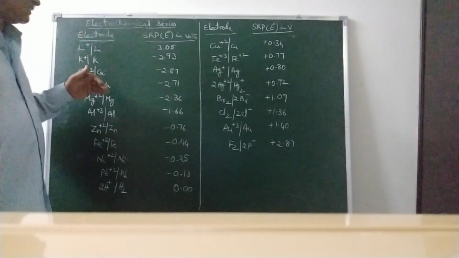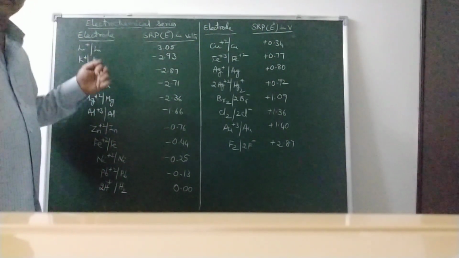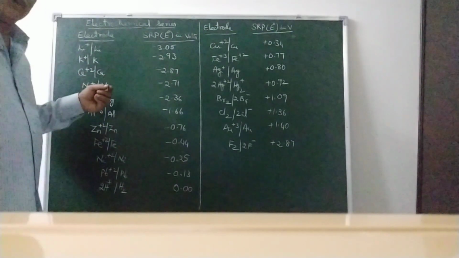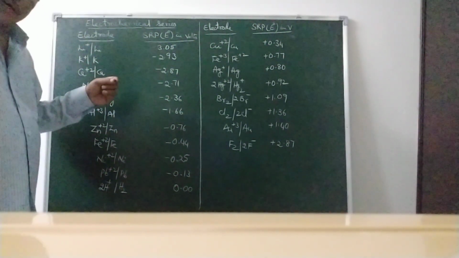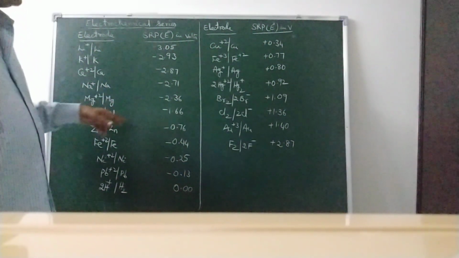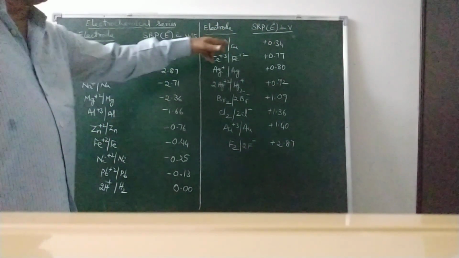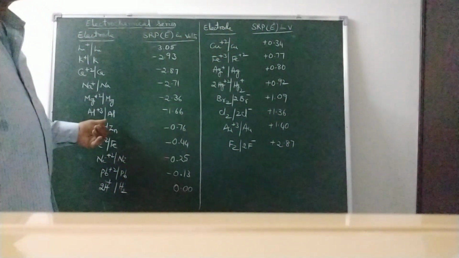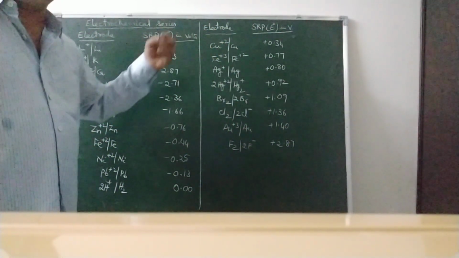That means the electrode which lies above acts as a reducing agent, and the electrode which lies below acts as the oxidizing agent. Here zinc reduces Cu2+ to Cu. That means zinc acts as a reducing agent and copper acts as an oxidizing agent.